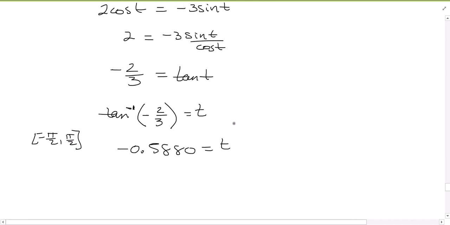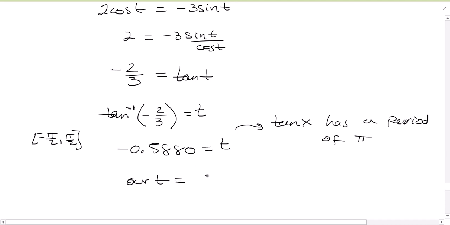So we know that tangent is a periodic function, so tangent x has a period of pi. And so add pi to this. So it will really be negative 0.5880 plus pi. Again, make sure you have your calculator in radian mode when you do this.